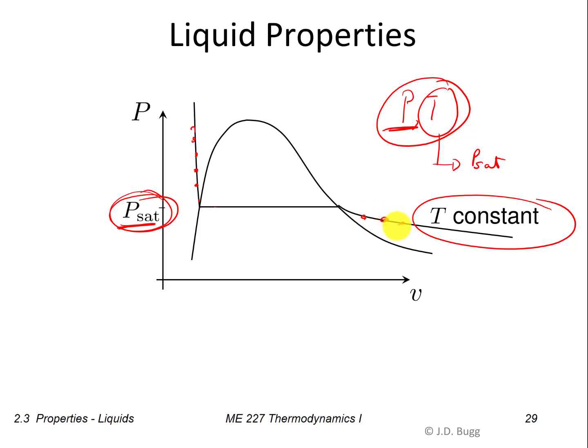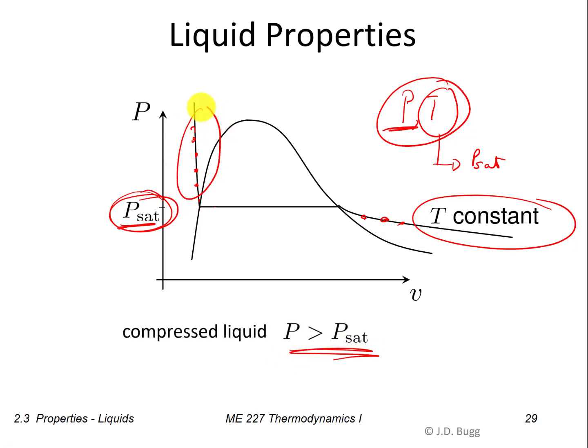So when we're at a pressure larger than the saturation pressure, in other words, we're somewhere along here, we're said to have a compressed liquid. So P is greater than P sat gives a compressed liquid. Now notice that a subcooled liquid and a compressed liquid, they are exactly the same thing.